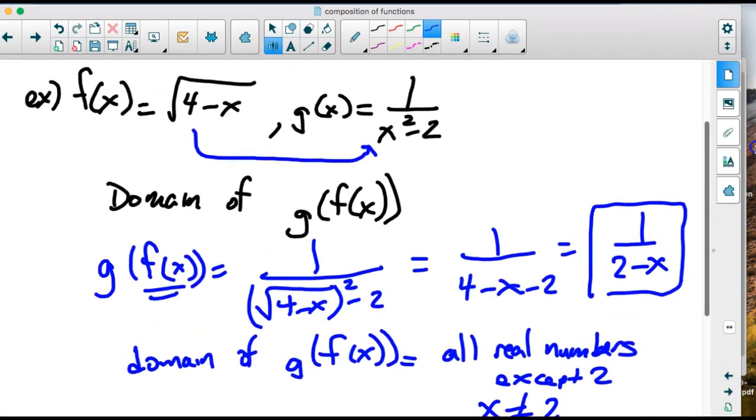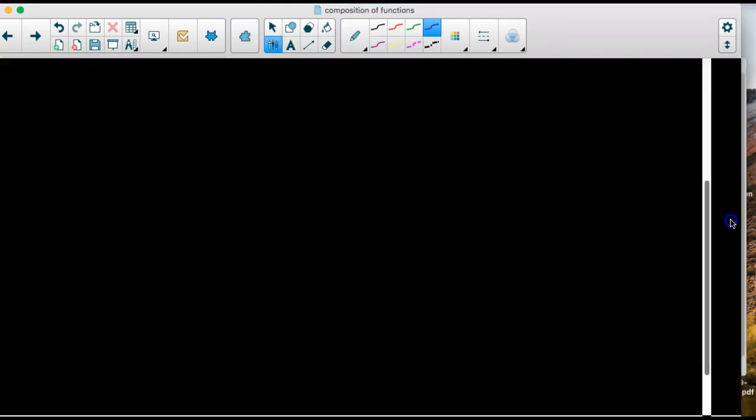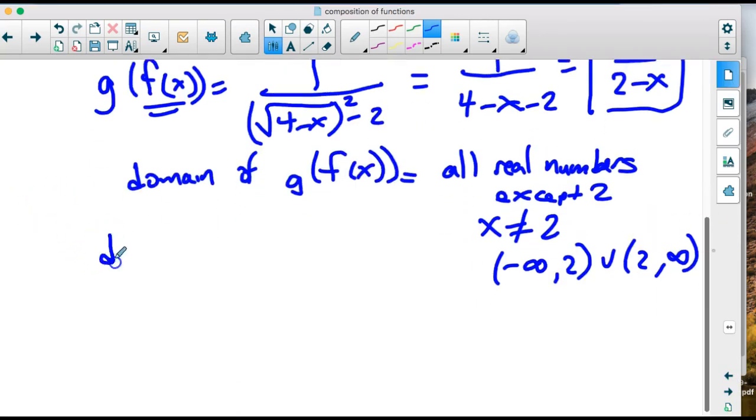But we also have to look at the domain of f of x. So we need to look at the domain of the inside function of f of x. Because when we stick it in there, we have to make this work first before we square it. So we also can't have values that don't work in the square root.